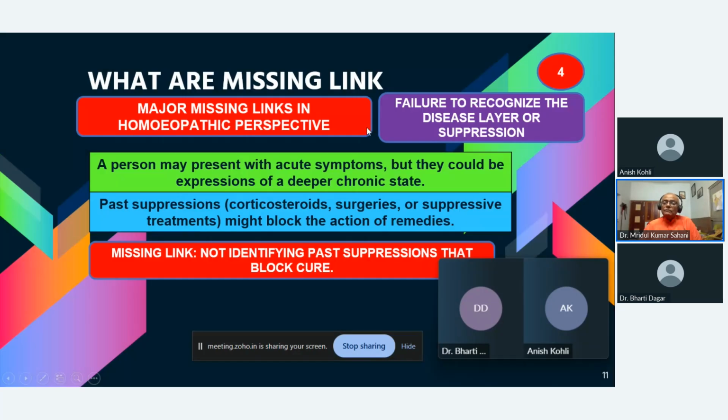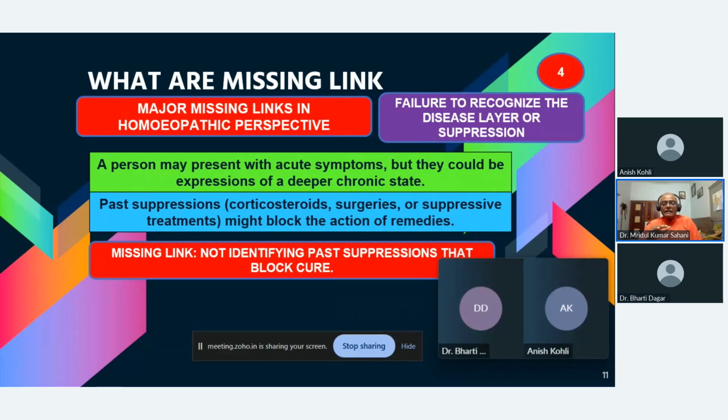Then the fourth is failure to recognize the disease layer or suppression. Now, how does disease enter into your life? Suppose a patient has, in early childhood, suffered from a skin disease. Thereafter, it gets suppressed.